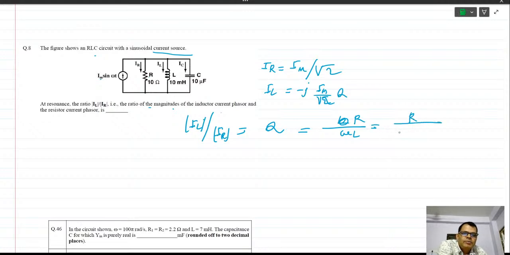So R omega is 1 upon root LC, so R root C upon L.